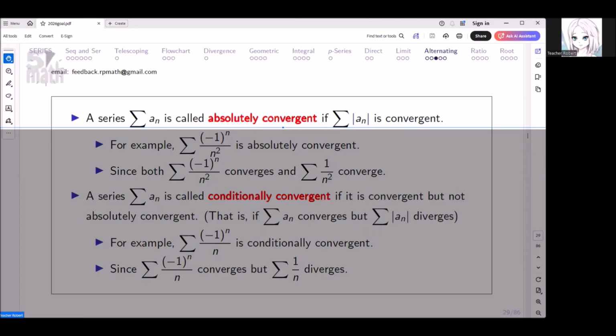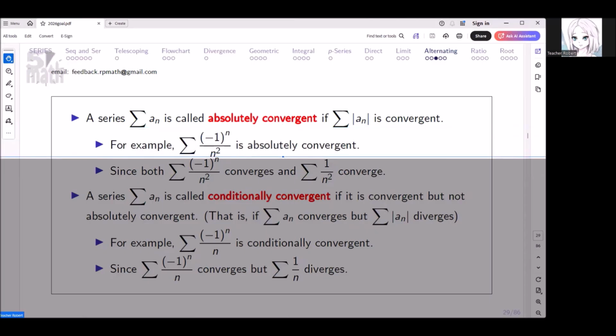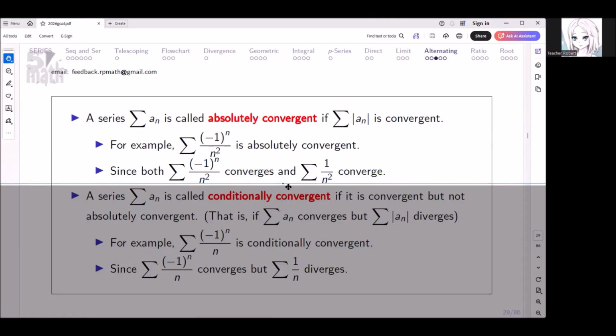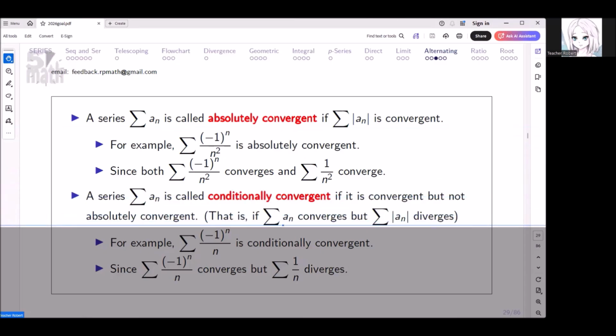A series a_n is absolutely convergent if series absolute value a_n is convergent. For example, this is absolutely convergent since both this converges and that converges. A series a_n is called conditionally convergent if it is convergent but not absolutely convergent.